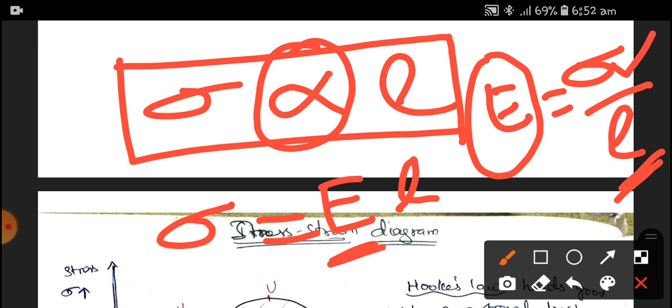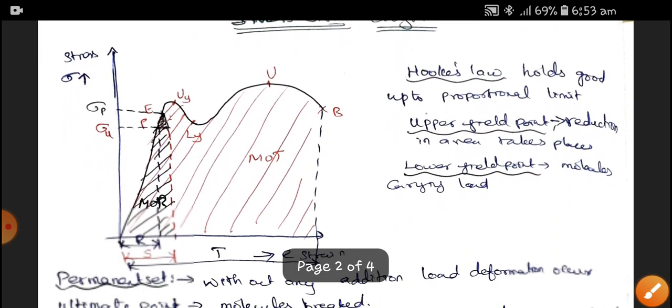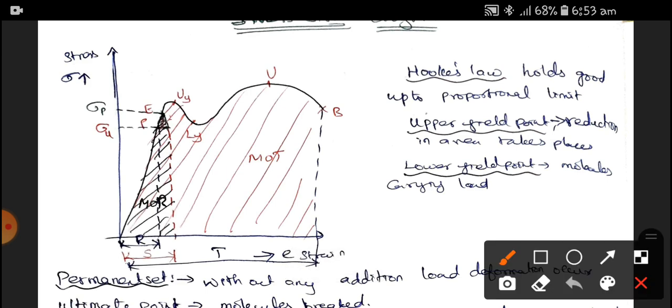There is a finite difference between the proportional limit as well as the elastic point. The proportional limit is a bit below the elastic limit in this stress strain diagram, that we have to know. Here we can say, let this be my elastic limit, and this is my proportional limit.